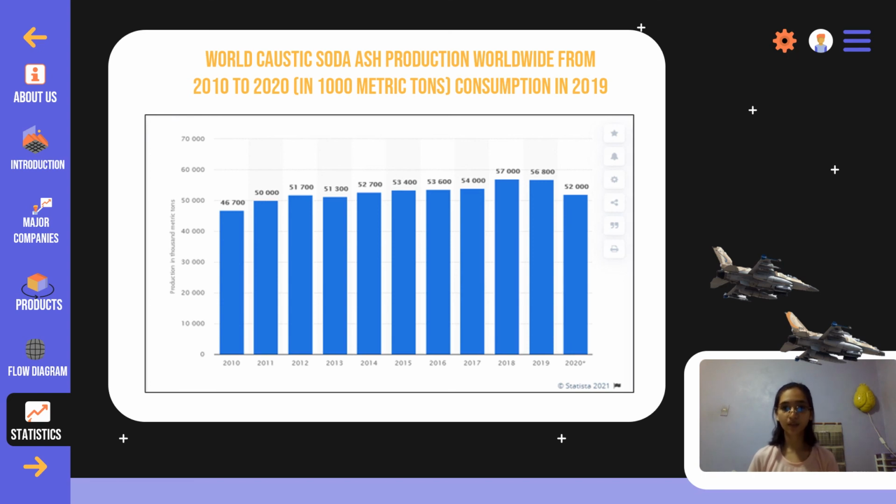This may have been an effect of the pandemic outbreak, as according to the article of Hancock in August of that year, COVID-19 brought a negative impact on the industry of soda ash, decreasing the demand of the product as well as the production amount. The amount manufactured per year starting from 2010 has gradually increased, and it reached the highest in 2018, gaining 57 million tons of soda ash produced, and the amount in 2019 has also almost retained the quantity.